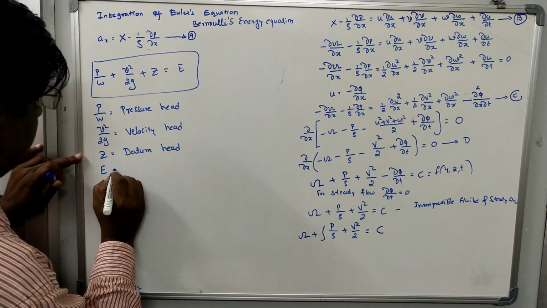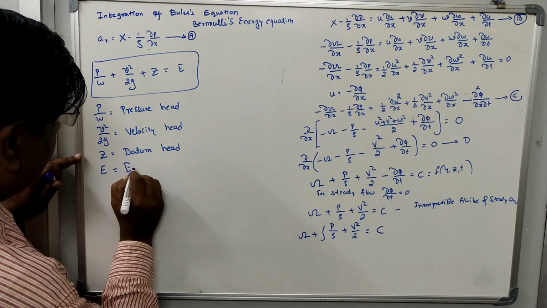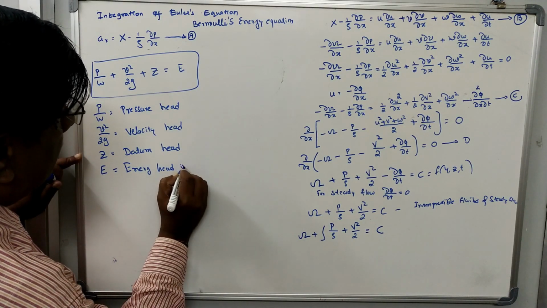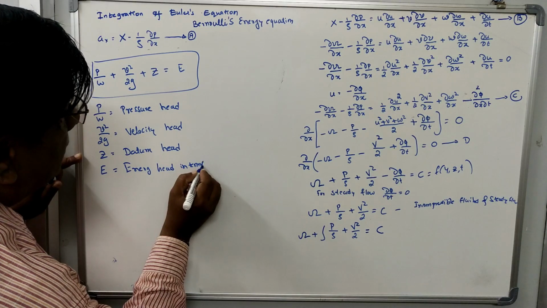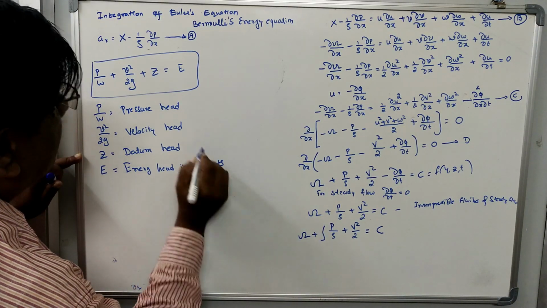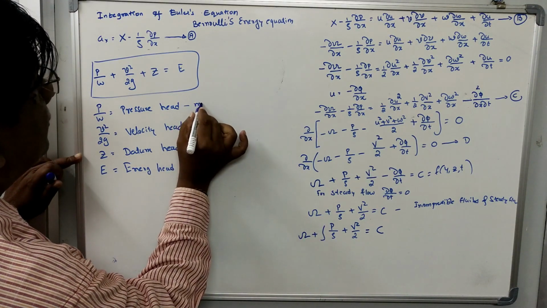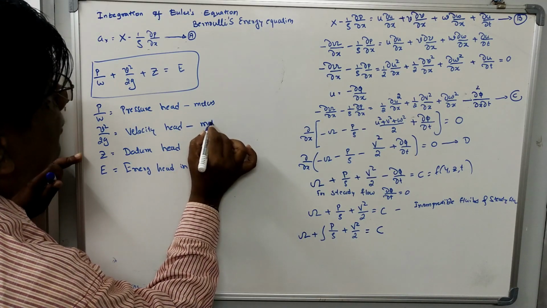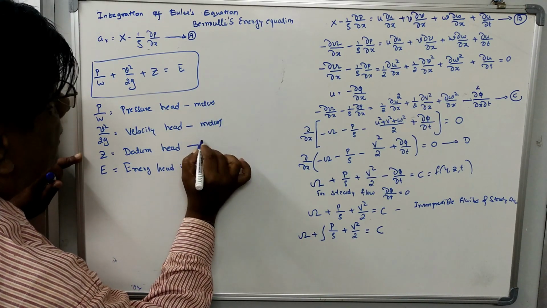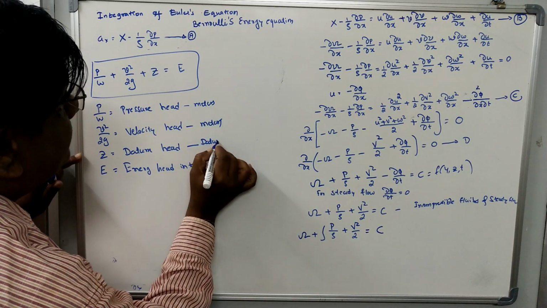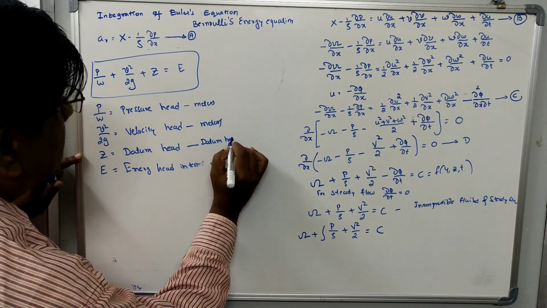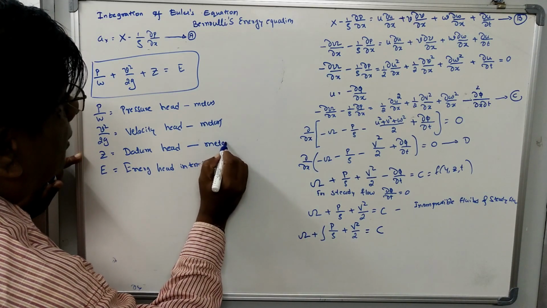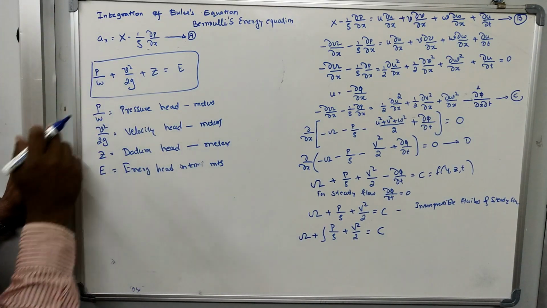Then E is the energy head in terms of meters. Similarly, pressure head in terms of meters, velocity head in terms of meters, and datum head in terms of meters.